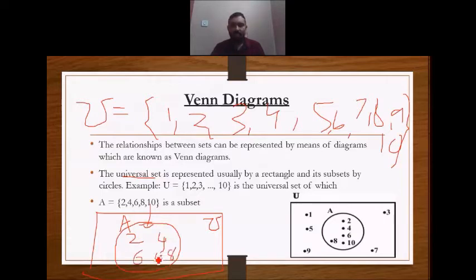Next, which are the elements outside this set? 1, 3, 5, 7, 9 are remaining. These elements you write outside this set. So this is how you write the universal set and the set A. This is the pictorial representation of a set. This is the Venn diagram.